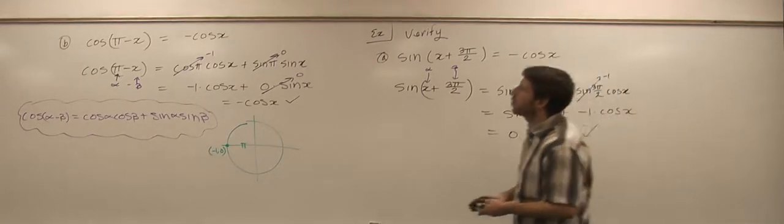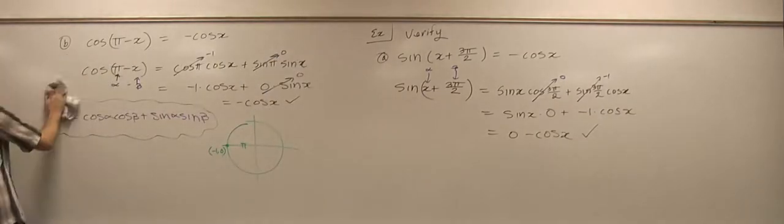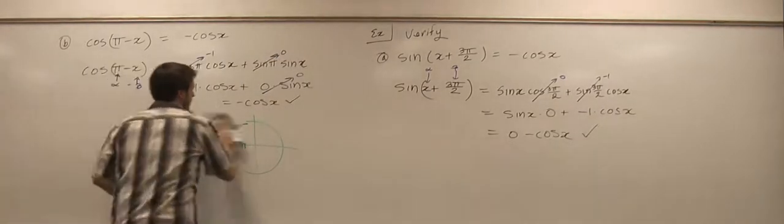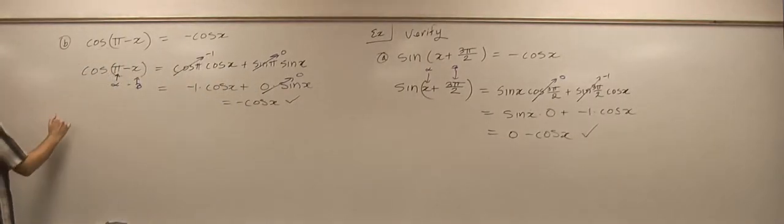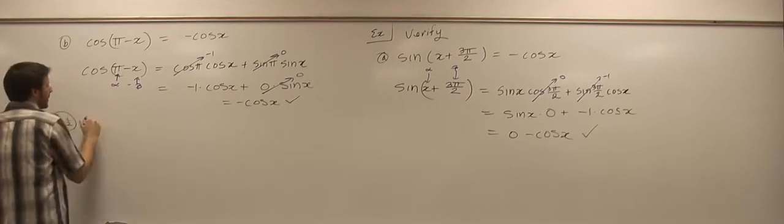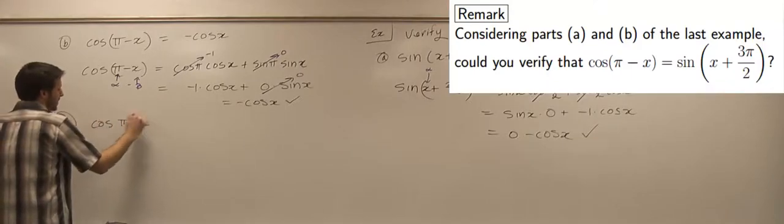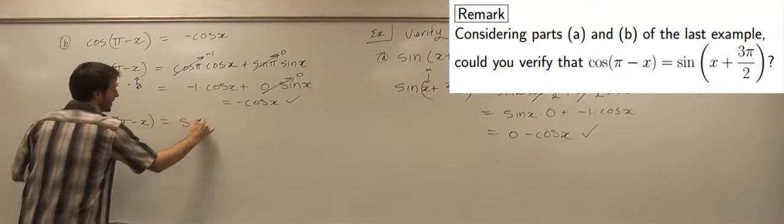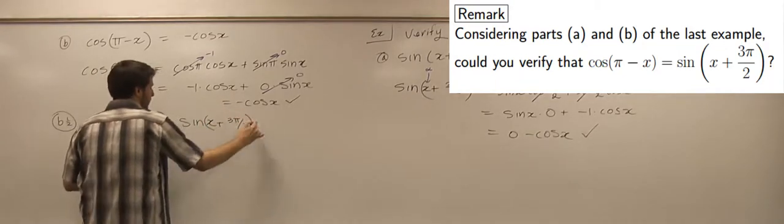So, could you verify then, call this b and a half. If I asked you to verify cos(pi minus x) equals sine(x plus 3 pi over 2), could you do that?